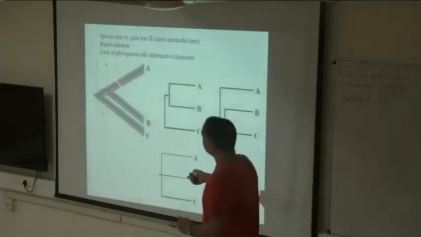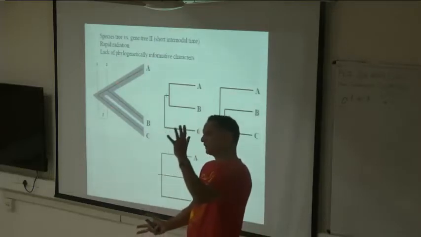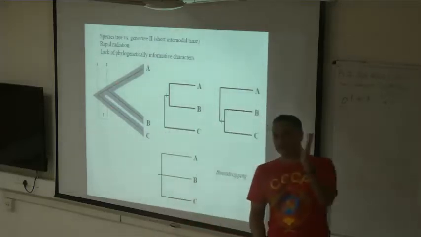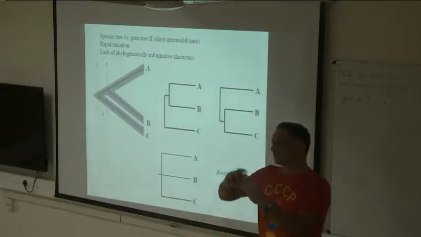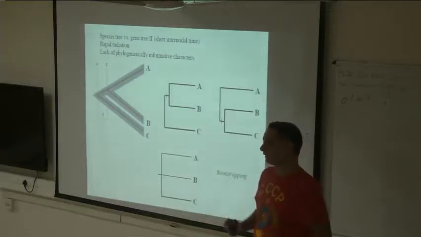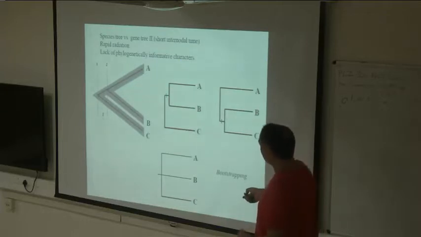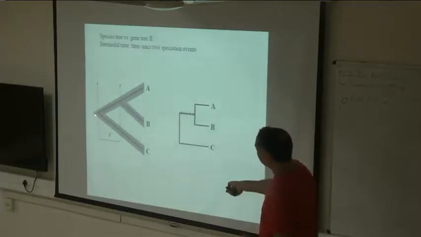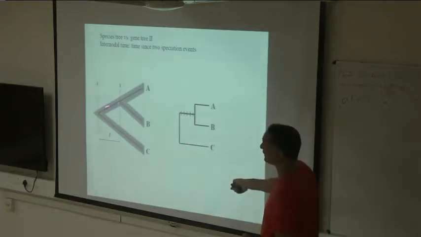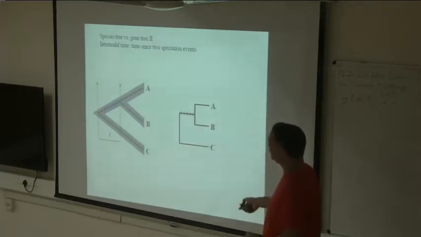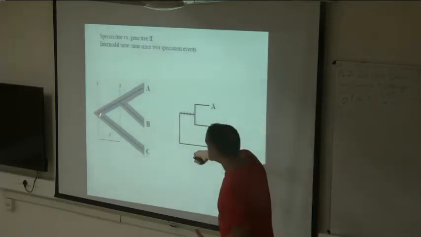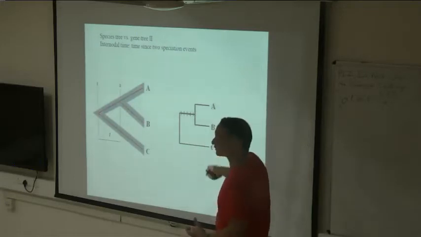Under this condition, where you have rapid radiation of multiple lineages from an ancestral species, individual gene trees can differ from each other. If the time period between the first speciation event and the second speciation event is long enough, then the alleles will sort themselves, and there'll be many synapomorphies that unite these two species.